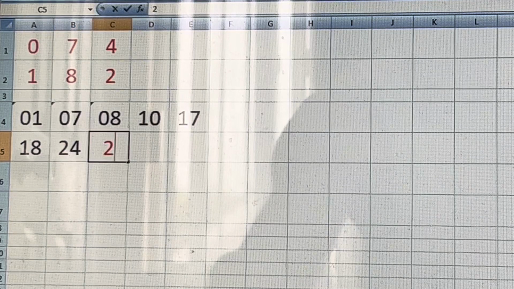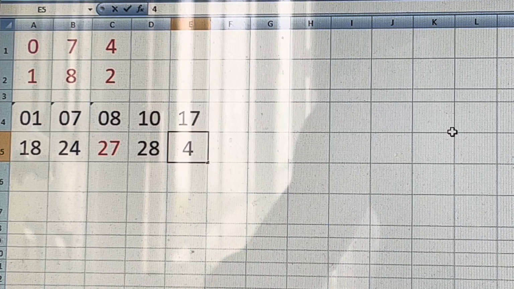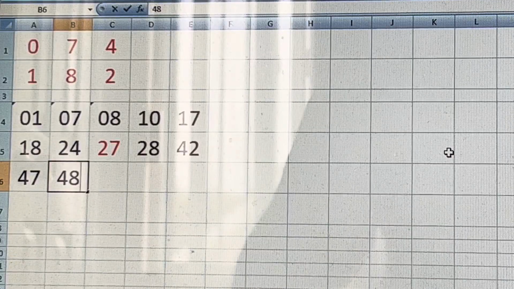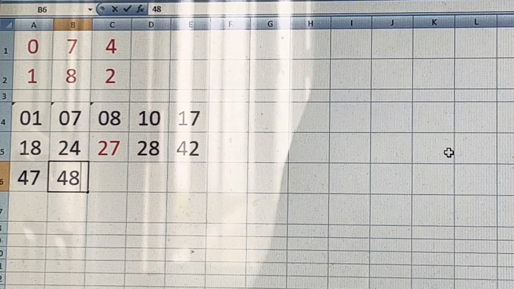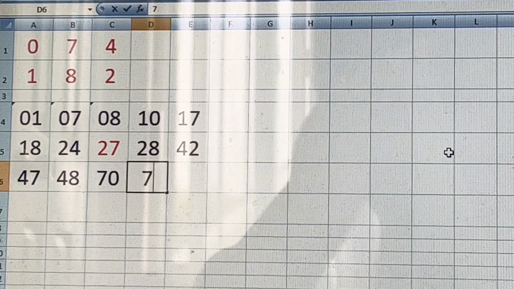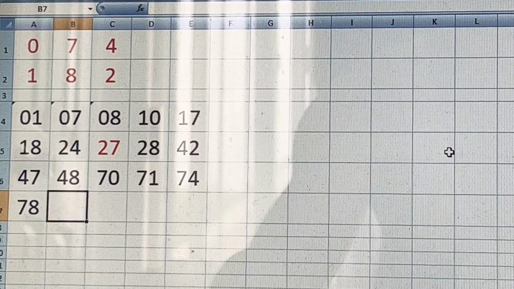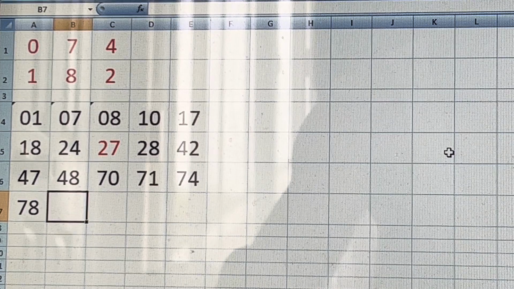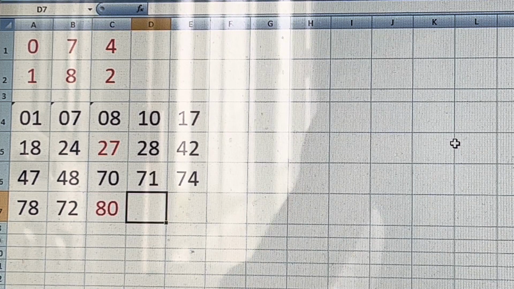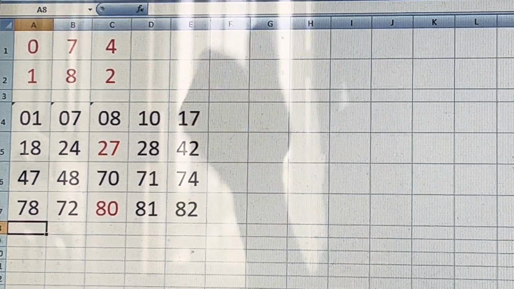24, 27, 28, 42, 47, 48. Now 70, 71, 74, 78, and 72, 80, 81, 82, 84, and 87.